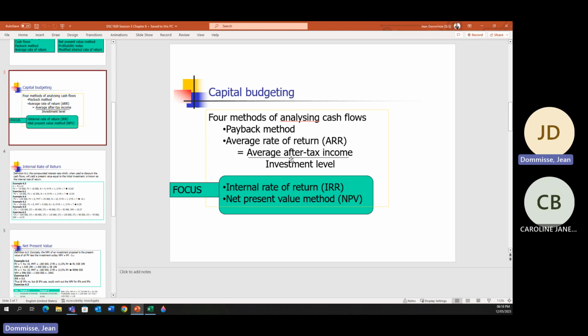Normally, it's interesting, they say, and I took that note out of one of the study guides, the big focus is on internal rate of return and net present value.